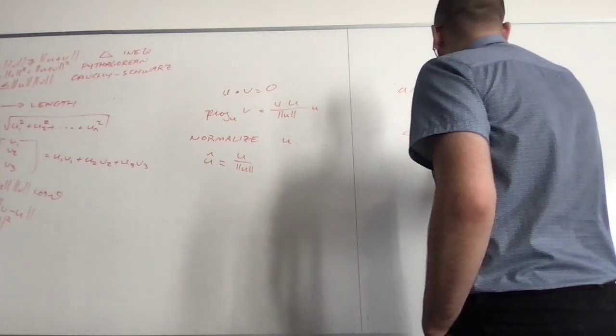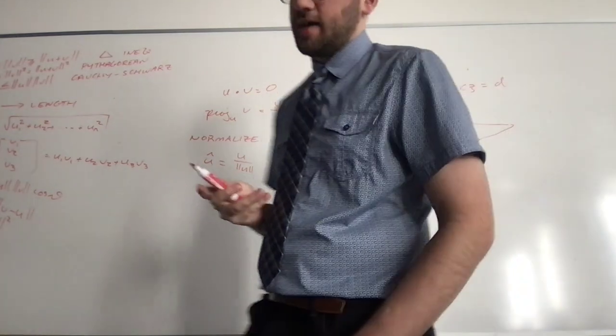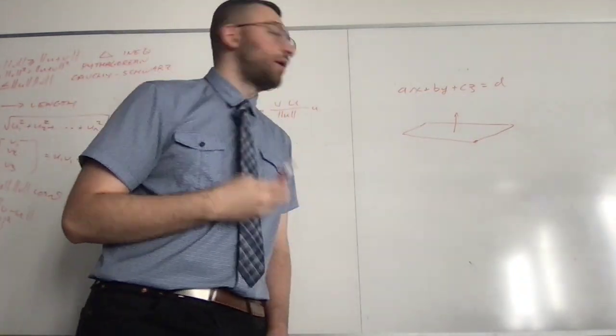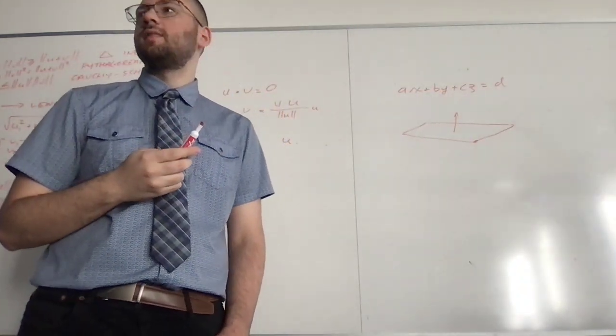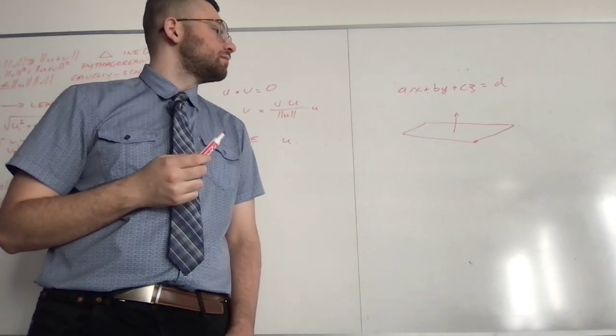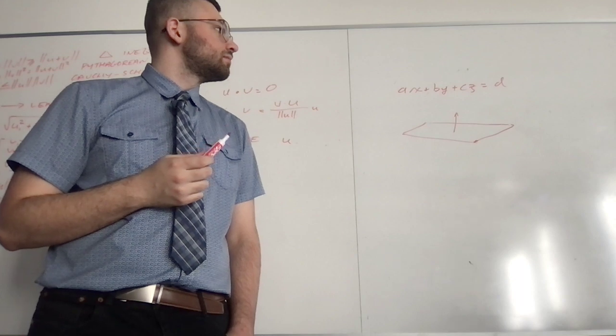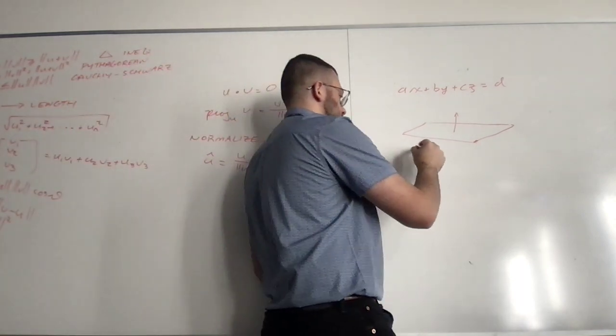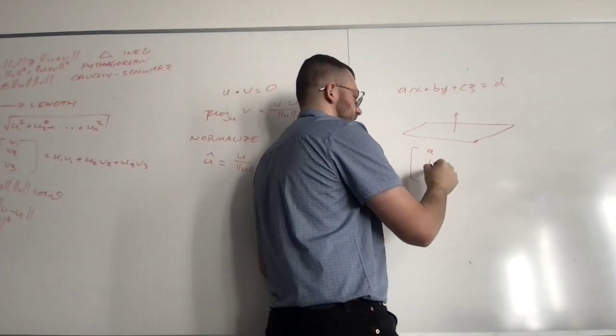How do I get the components of that vector? The normal of the plane is going to be A, B, and C. So it's just ABC.